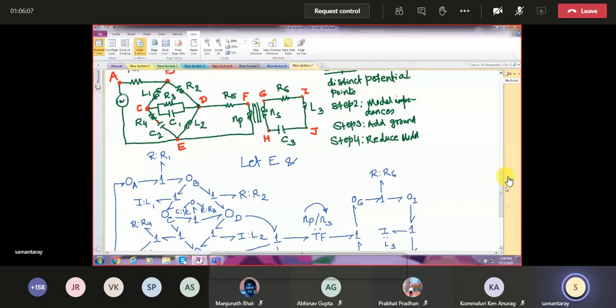If you have a transformer, both sides of the transformer must be separately grounded. You cannot say that I have grounded the primary side, so the secondary side is grounded. No, it's not. Both sides have to be separately grounded. So we can choose anything. Let's choose point H. So let E and H be ground.